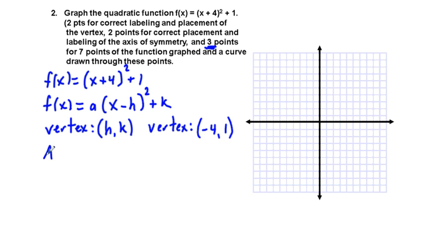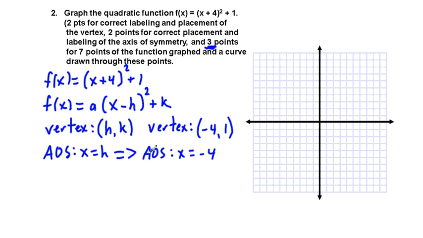Now our formula for axis of symmetry is x equals h. In this case, our axis of symmetry is x equals -4, which is h.